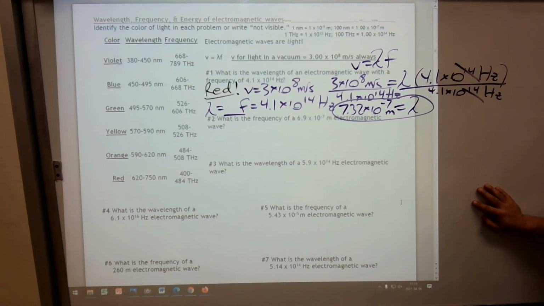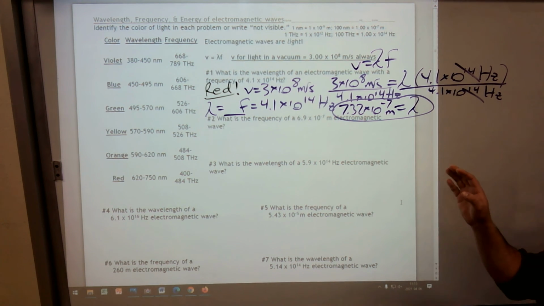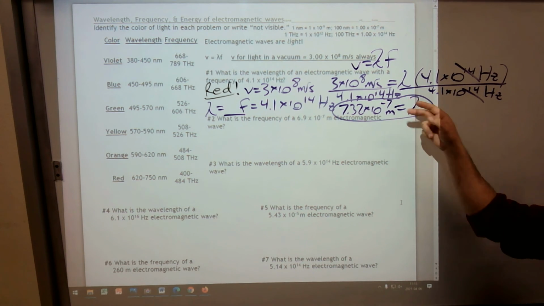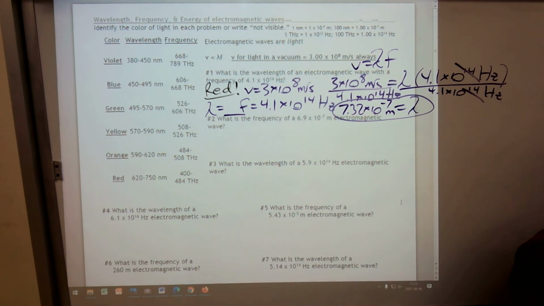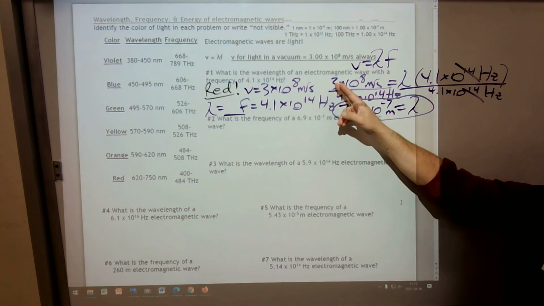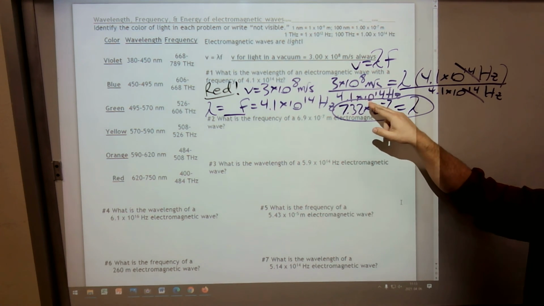Now be careful, if you're using your shortcut on your calculator, like if you're saying 3E8 divided by 4.1E14, you can just put that in just like that, press enter, and it'll give it to you. If you're not using a shortcut, which you don't have to, I recommend it, but you don't have to, make sure you're putting the whole top and the whole bottom in parentheses.